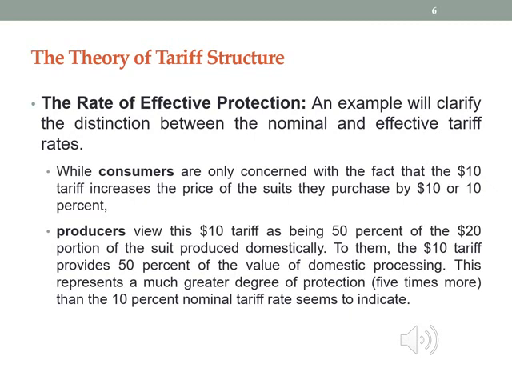This represents a much higher degree of protection than the 10% nominal tariff rate seems to indicate. It represents like 5 times more. So this is what the producers would really care about, not the nominal tariff on the final product.